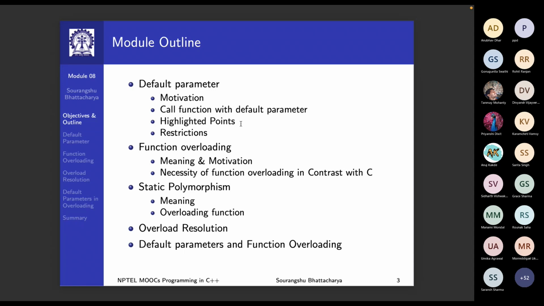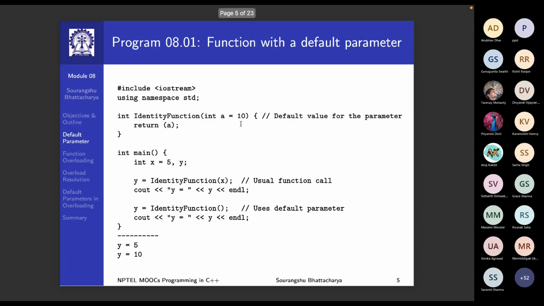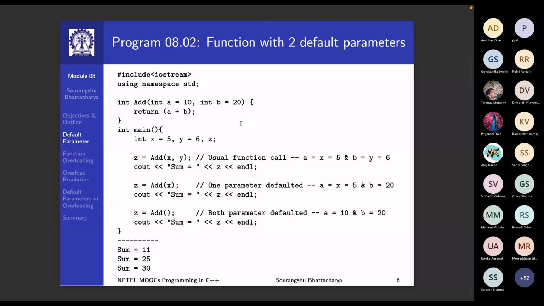For example, let's say you have this add function where you have assigned default values to a and b. What you can think is that your original function is the first function, add, which should be called like add(x, y).